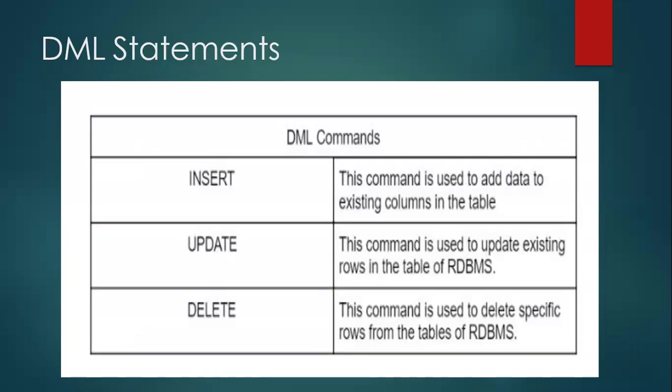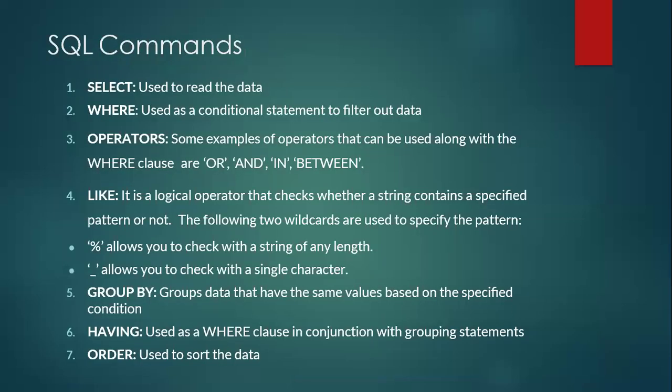Now let's come to DML commands. There are majorly three DML commands: insert, which is used to insert data into the table; update, which is used to update the existing rows in the table of an RDBMS; and delete, which will delete specific rows from the RDBMS. Then we discussed the SQL command select, which is used to read the data, then the where clause, used to filter the data, and operators like or, and, in, between, which can be used along with the where clause.